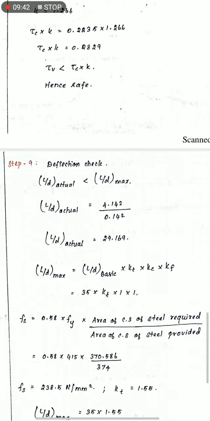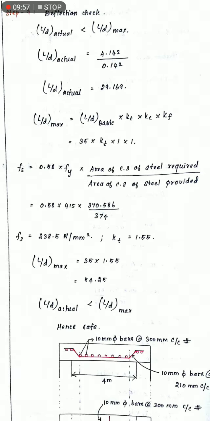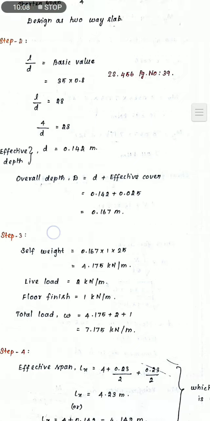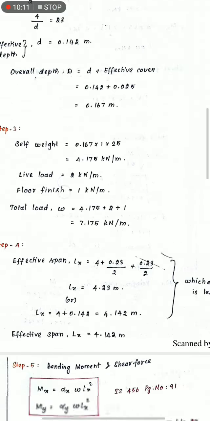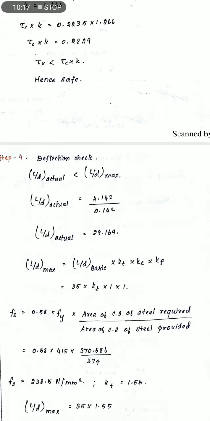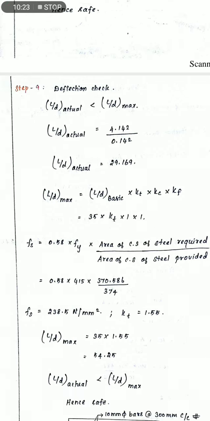So the condition is L by D actual is less than L by D max. L by D actual equals 29.169. L by D max equals the L by D basic value for a two-way slab, 35, which I already found, and the kt value is calculated based on fs and the design curves.